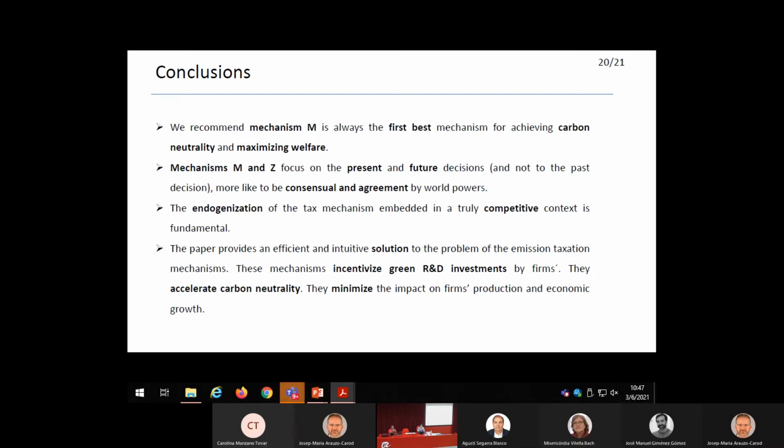Finally, the paper provides an efficient and intuitive solution to the problem of the emission tax mechanism. This mechanism incentivizes firms' green R&D investment, which accelerates carbon neutrality, and also minimizes the impact on firms' production and economic growth.